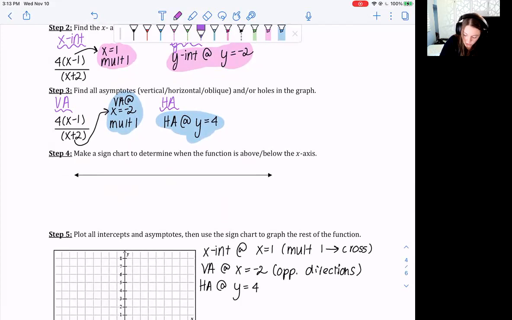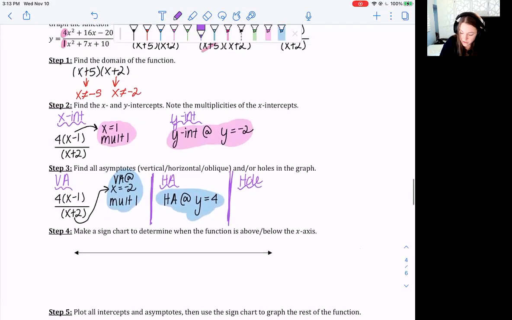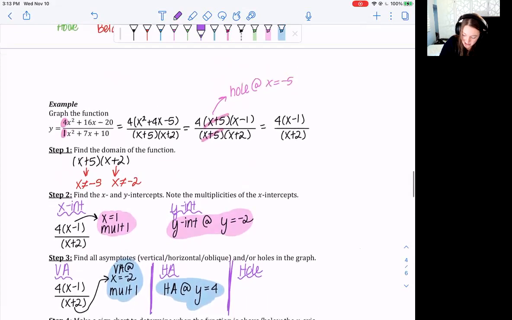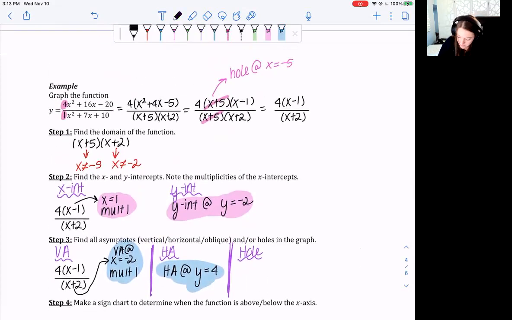And then we have the hole that we need to deal with. We know that that hole happens at -5 for the X value. We need to find the Y value, and we find that by plugging in -5 to this guy.